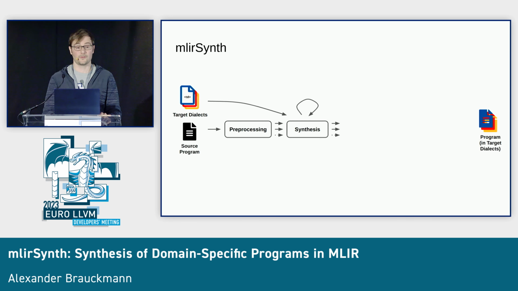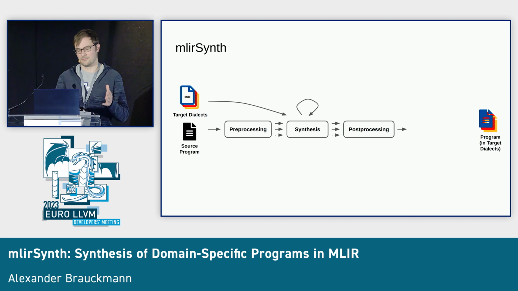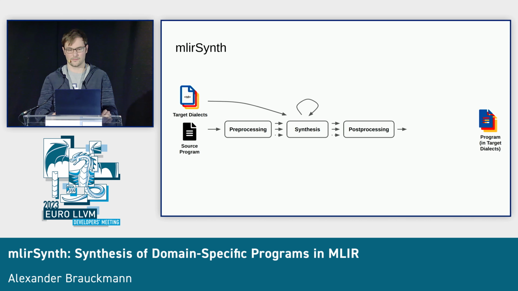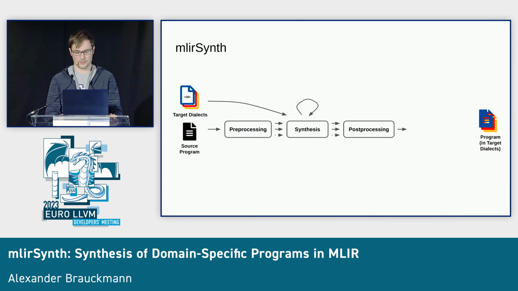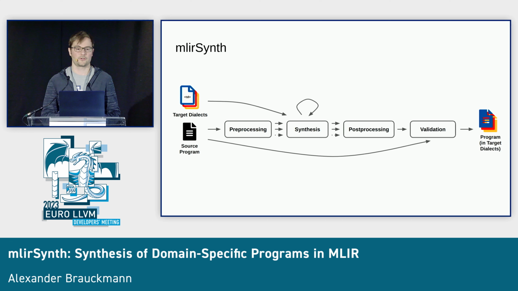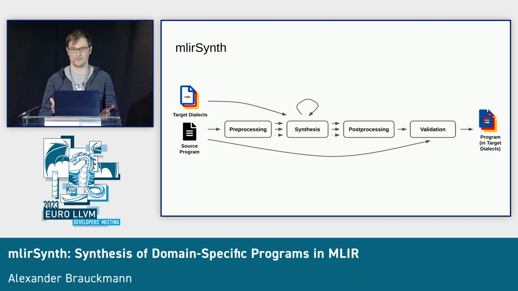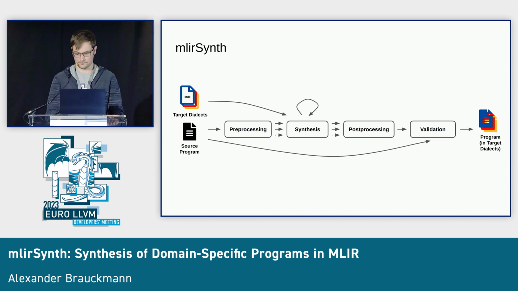When we have completed all the synthesis subproblems, we merge the solutions into a single function, and then we are done. We have synthesized the function. Finally, we validate the function because we want to know that the transformation is indeed okay for all inputs. And finally, we get the program.